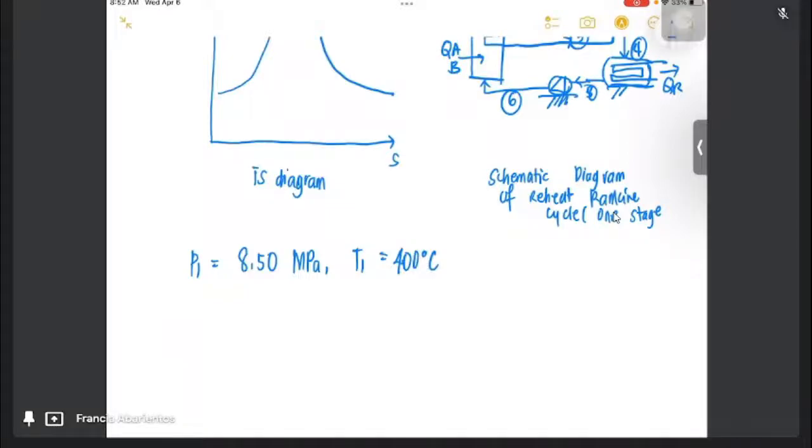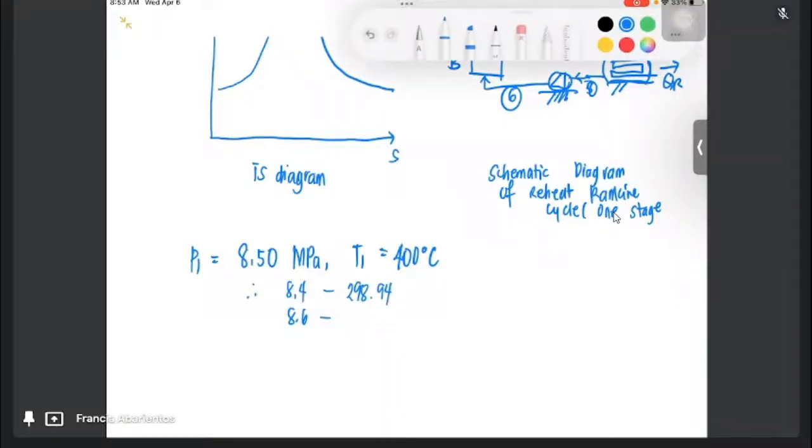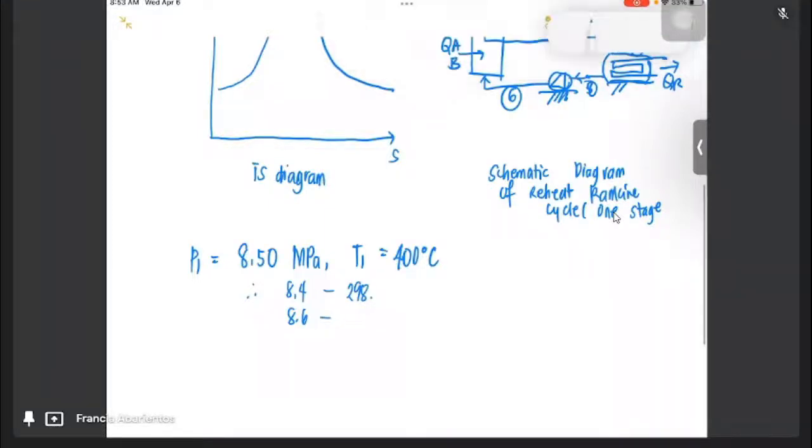Okay. So, yung ranging na temperature doon sa 8.5 is from yung 8.4 makikita mo, and 8.6. Yung temperature niya doon is 298.49 and 300.60.